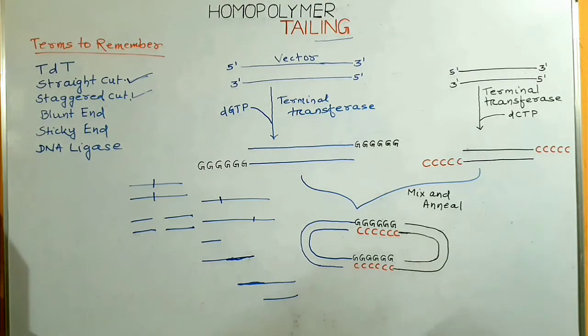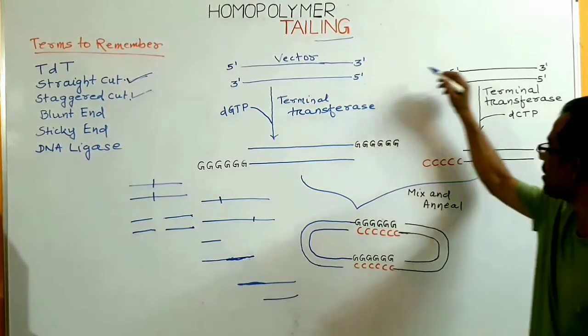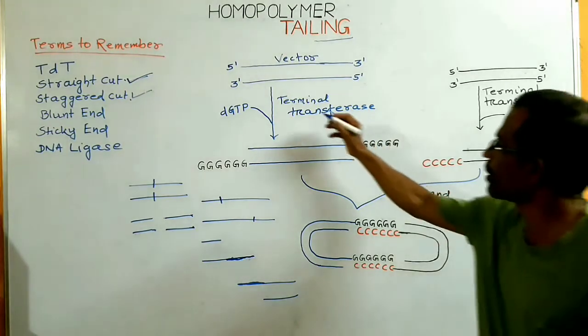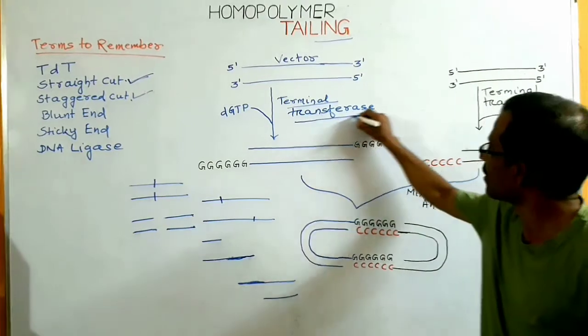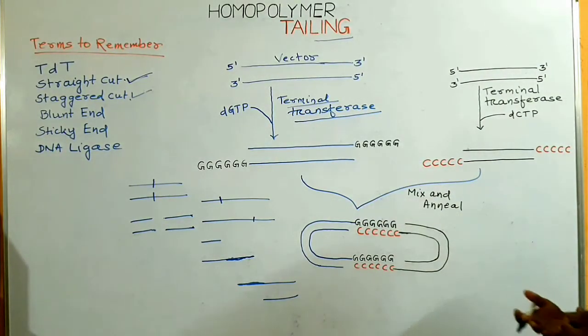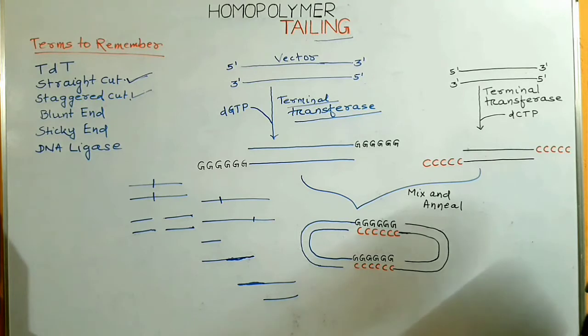So ligation of such blunt-ended DNA molecules is less efficient. So we use the enzyme terminal transferase. Terminal transferase is an enzyme that adds numerous nucleotides to the 3' end of a double-stranded DNA molecule.